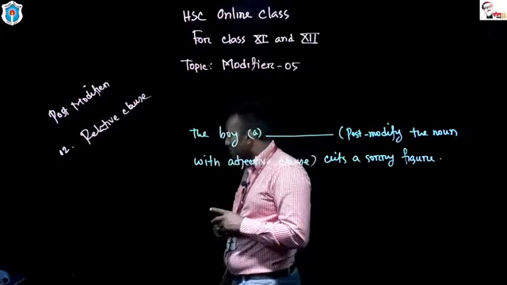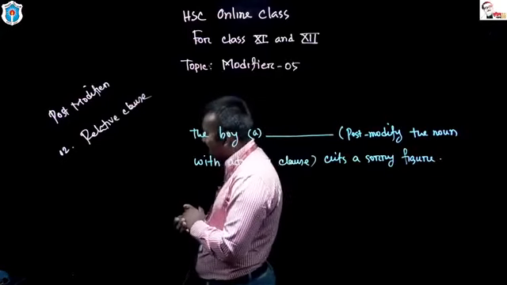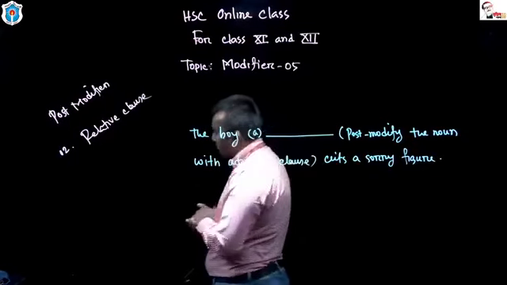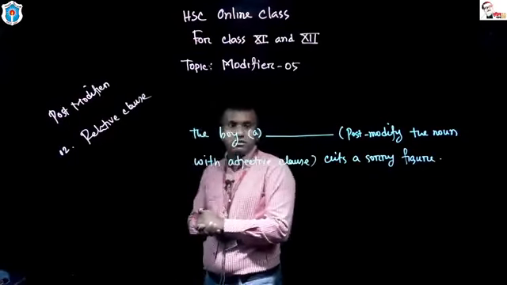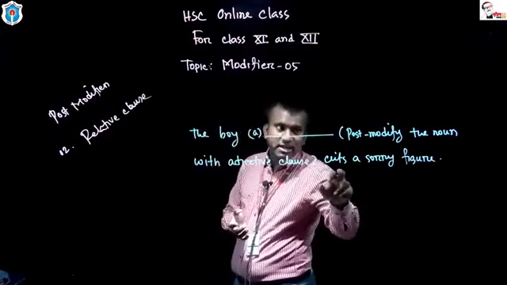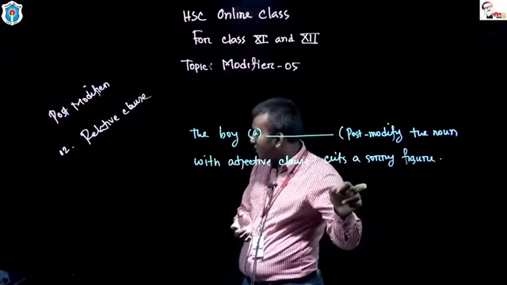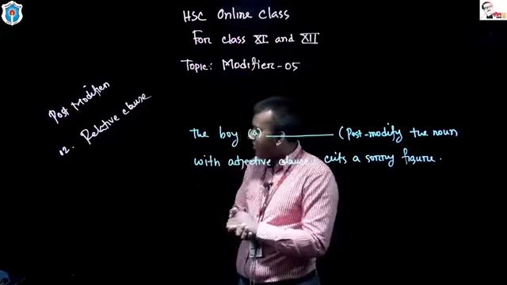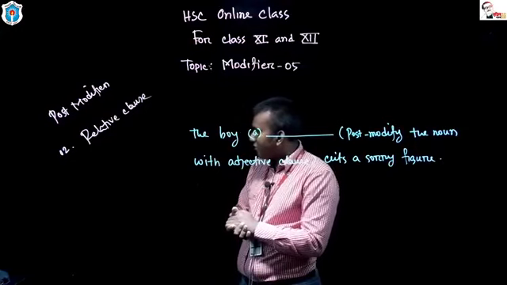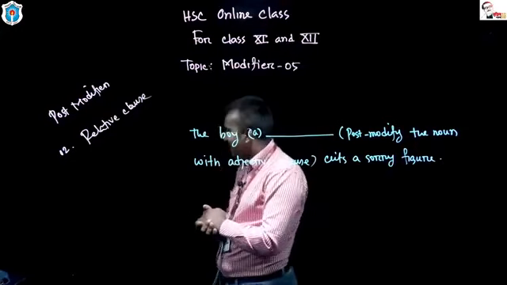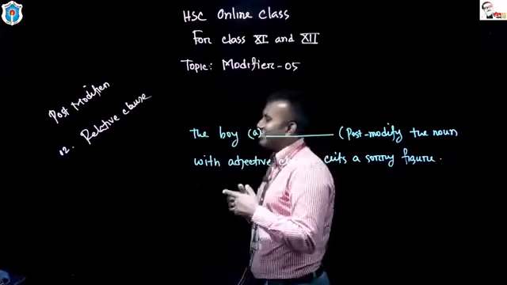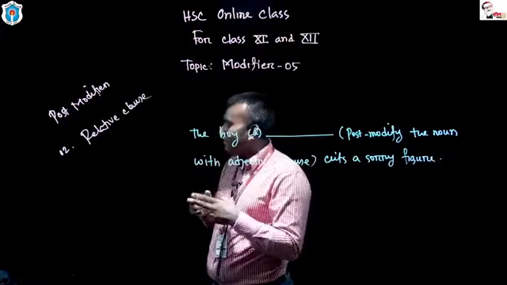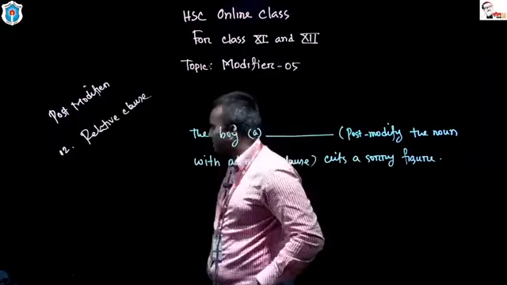Oh my God. Look at the boy that just cuts a sorry figure. Mehdi Hassan has written, the boy who is a good student cuts a sorry figure. Try to use such a clause which becomes relevant to this sentence.